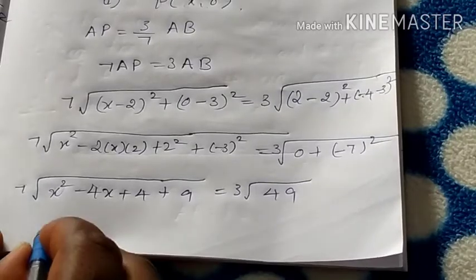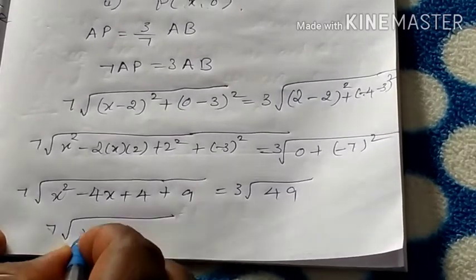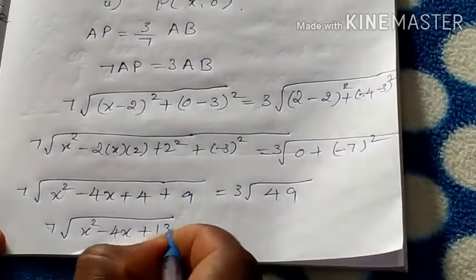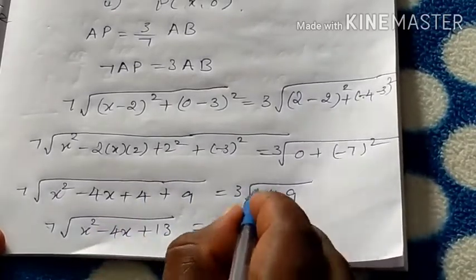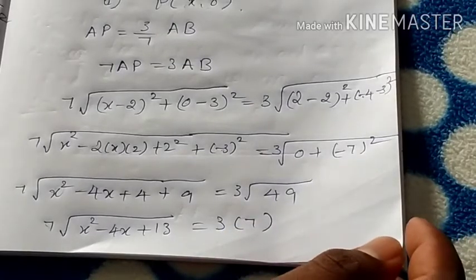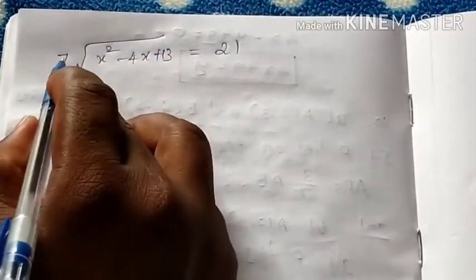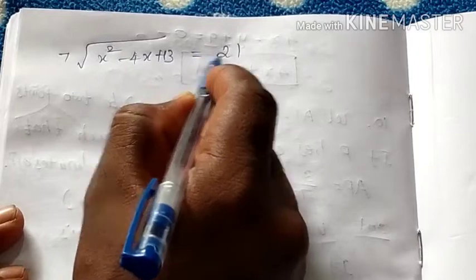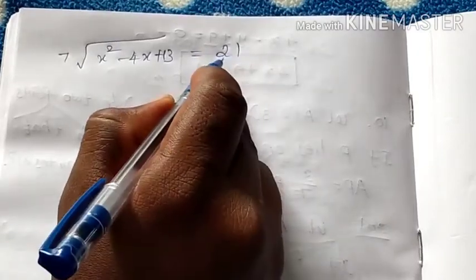Okay, 7 into square root of x squared minus 4x, 4 plus 9 is 13, equal to 3 into square root of 49, whose value is 7. 7 sevens are 49. Okay, listen, this is the last step: 7 into square root of x squared minus 4x plus 13 equal to 7 threes are 21.